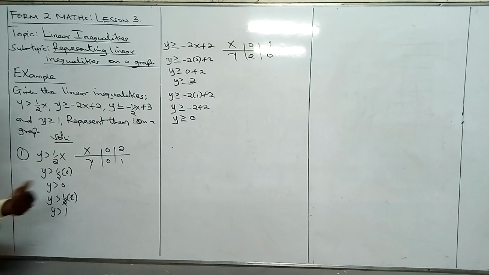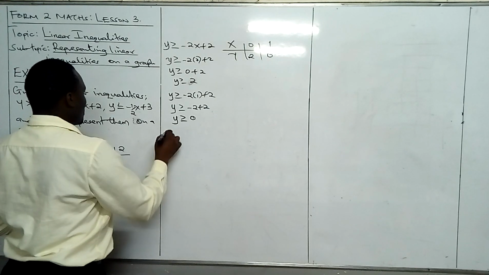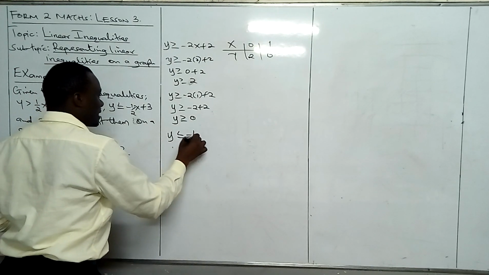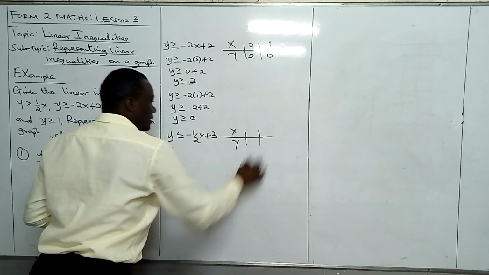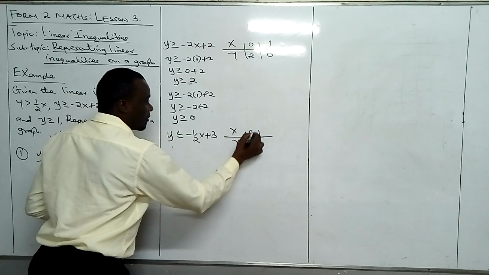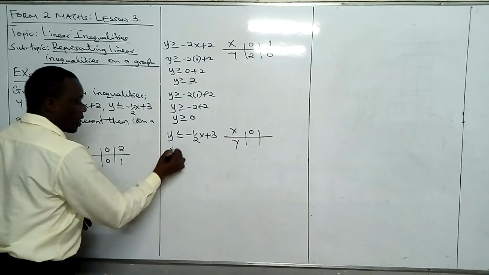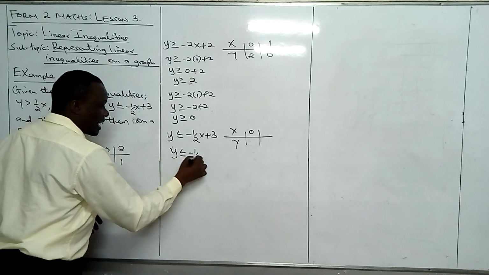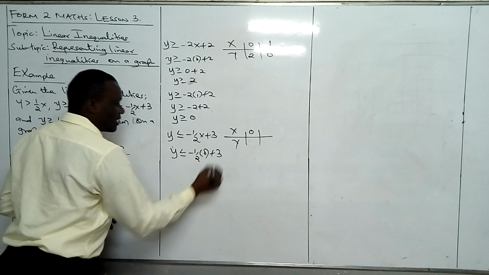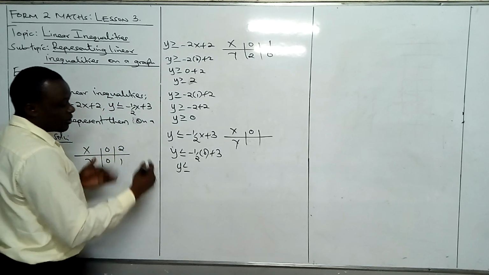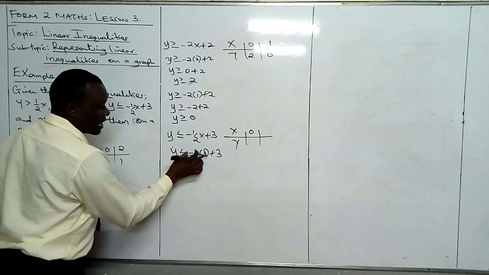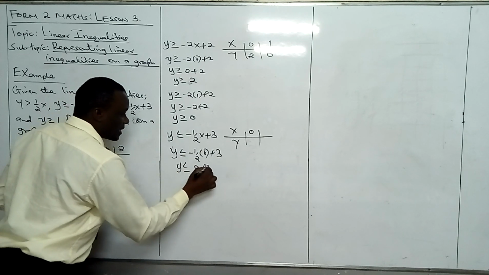Let's move to our next linear inequality, which is y less than or equal to minus a half x plus 3. What if we say x is 0 in that case? y will be less than or equal to minus a half times 0, then plus 3. That means y will be less than or equal to 3 because minus half times 0 is 0, then plus 3.